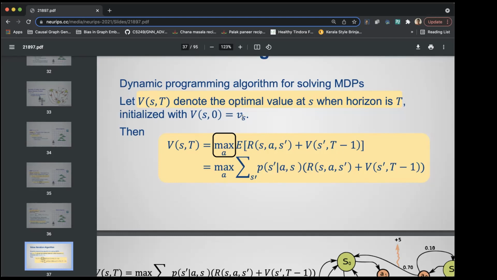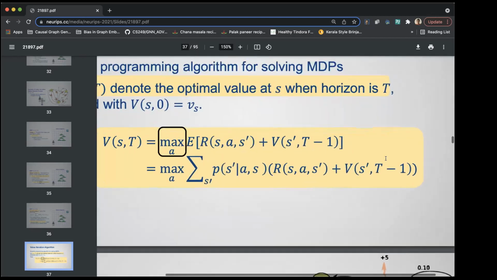And of course, we have some initialization of V(s) as a starting state. If we expand the expectation, we're going to maximize with respect to the action the probability of transitioning to s prime given some action and current state s, times the reward corresponding to s, a, and s prime, plus the value of starting at this new state s prime and having t minus 1 steps remaining.